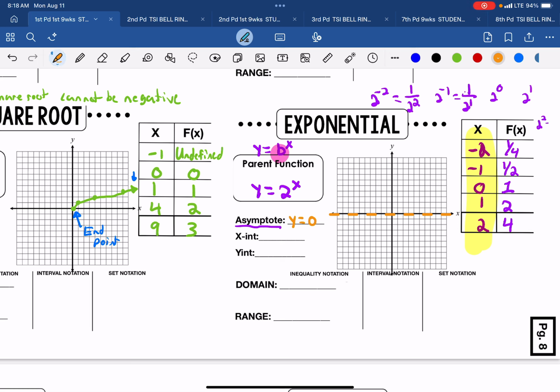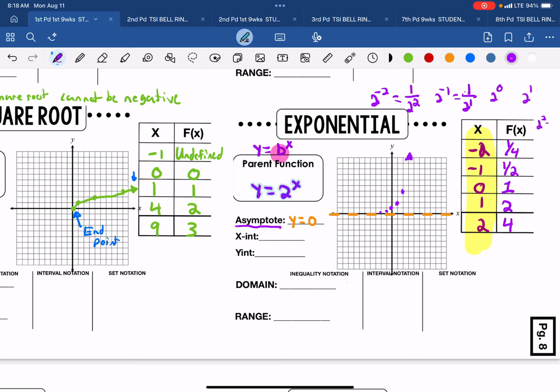And if we graph these points, I'm going to do my best to graph somewhat legit. 0, 1, I could graph that one real easily. 1, 2, 2, 4. Now, negative 1 to 1/2, negative 1 to the left half, right there. Negative 2 is smaller. So, I'm going to draw this, okay?